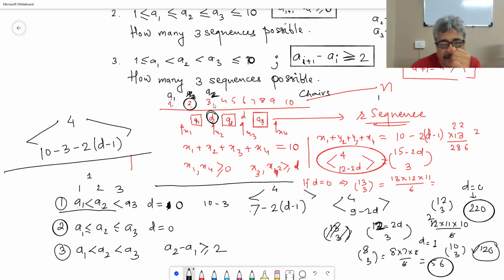Maybe he can sit further down. So A2 minus A1 was greater than or equal to 2. That means value of D was equal to 1 for problem number 3. Now extrapolating this, problem number 2, the value of D comes out to be minus 1.